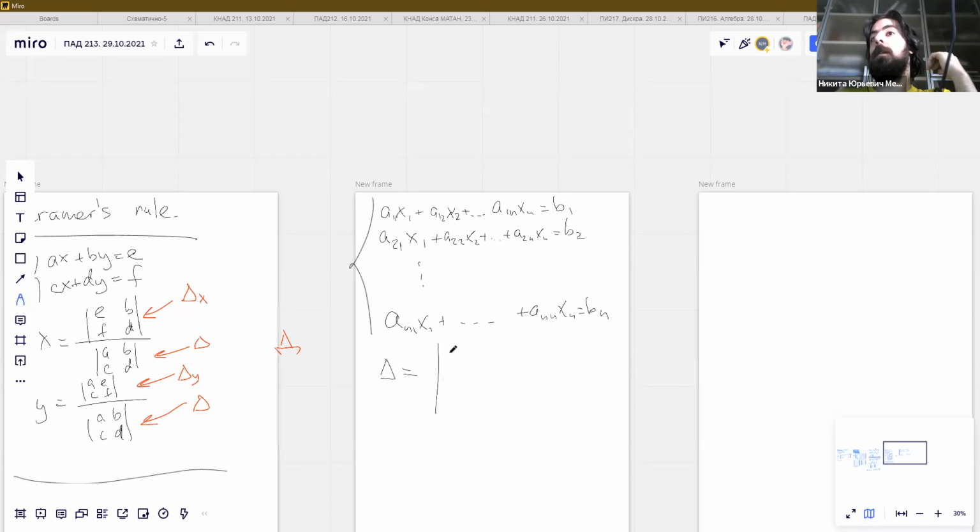Delta is the main determinant of the system. It is simply the determinant of the matrix of the left-hand side. I take all those coefficients together in a matrix and find the determinant. That's it.